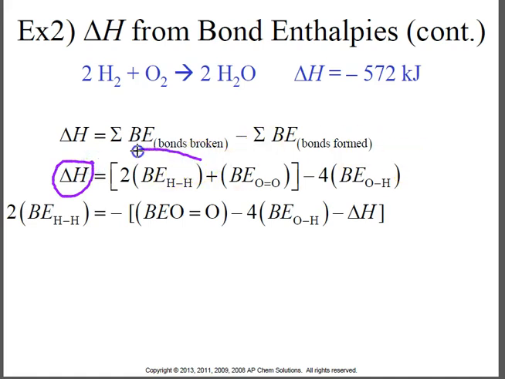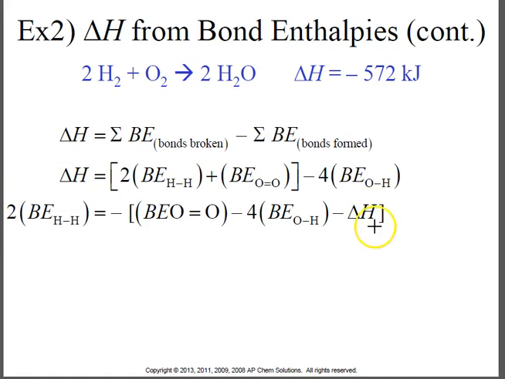They moved delta H over there, and then we have this moved over here, and then they kind of flipped their signs. Okay, you could do it that way, or you could just plug your numbers in and solve for your variable. Important to note here, though, is you have 2 of these HH bonds. And that's what we're looking for.